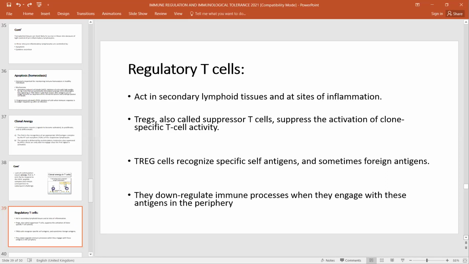Under the heading central and peripheral tolerance, discuss the immune processes, mechanisms or phenomena that will induce self-tolerance.